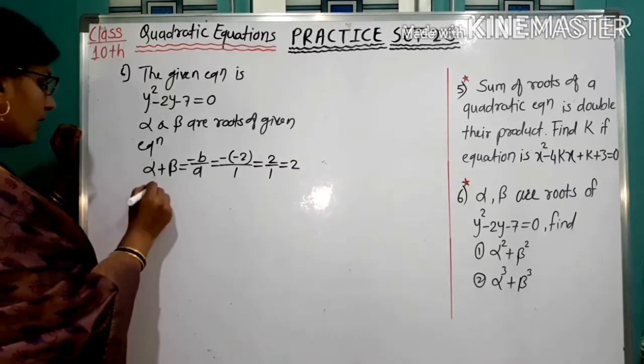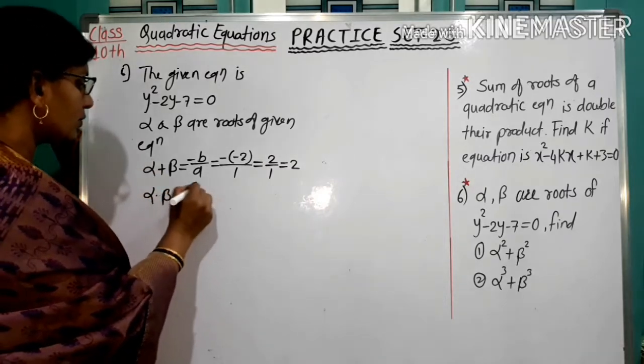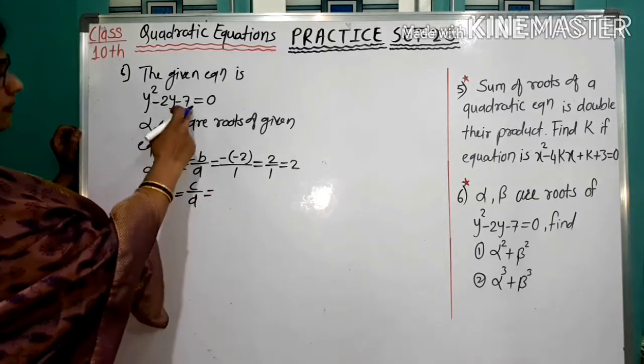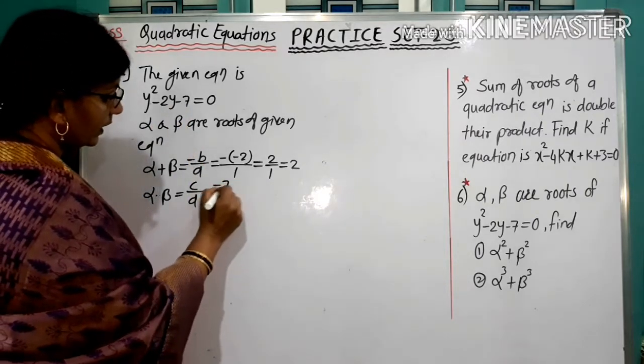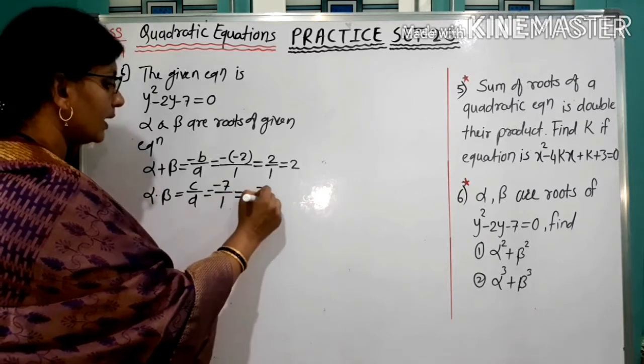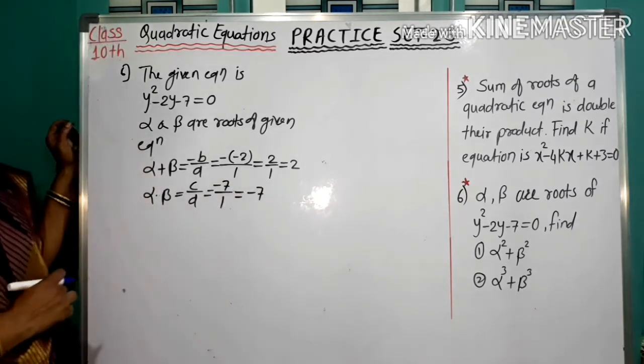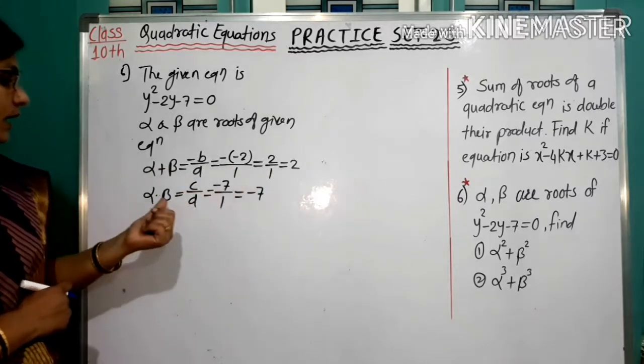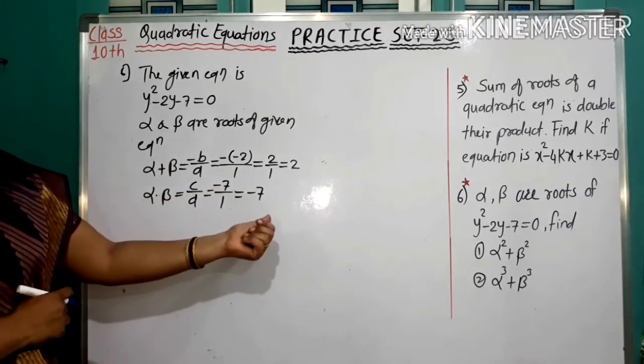Then alpha into beta equals c upon a. The value of c is minus 7. Therefore minus 7. These are the values: alpha plus beta is 2 and alpha into beta is minus 7.